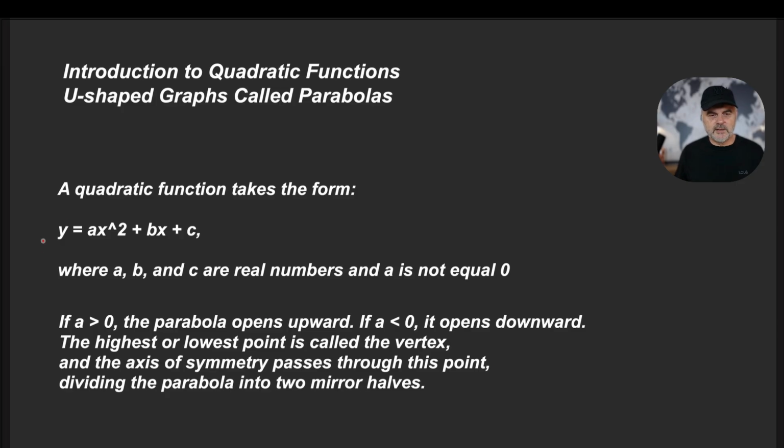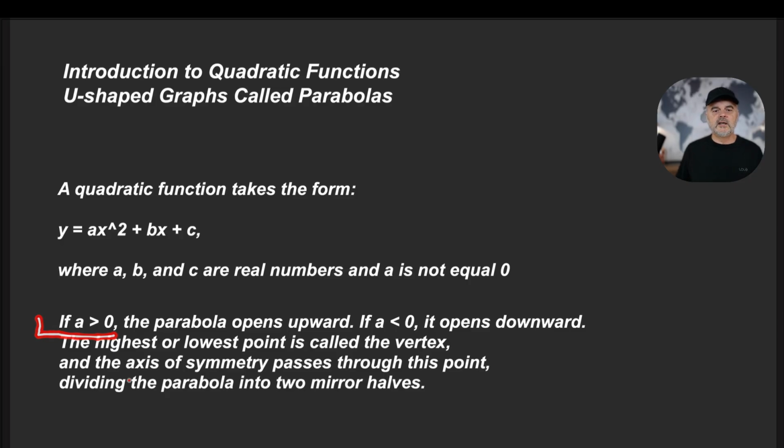Oftentimes you will be seeing the statement y is equal to ax squared plus bx plus c, with the requirement that a is not equal to 0. So coefficients b and c can be 0, but not the leading coefficient a. We'll always be interested in observing, if a is positive, how does it impact the shape of the parabola?